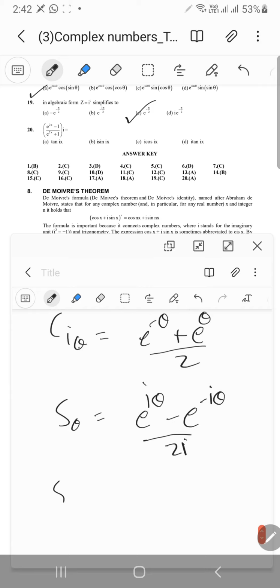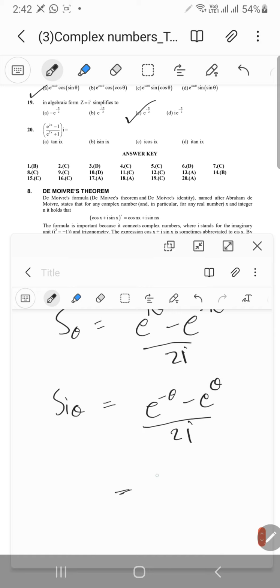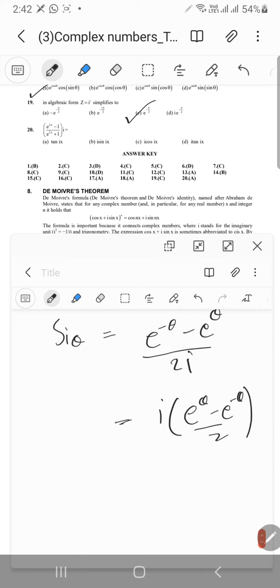So sine of i theta should be e power negative theta minus e power positive theta upon 2i, which is i upon 2 into e power theta minus e power minus theta upon 2. That's nice. And we can do similar stuff here as well.